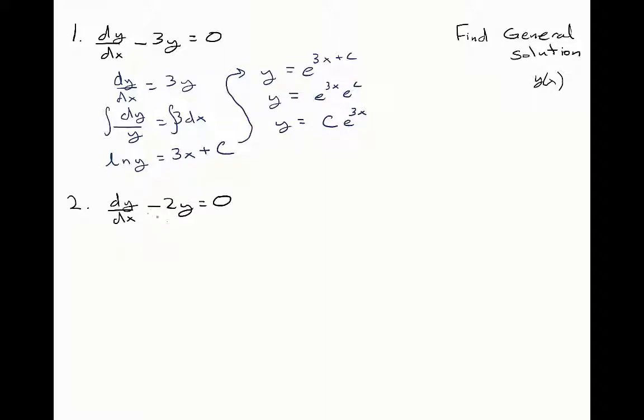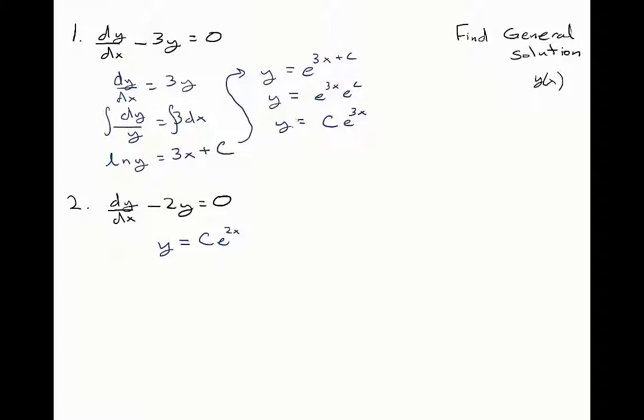Alright, hopefully you see that number 2 is of the exact same form as number 1, except it has a minus 2 instead of a minus 3. So I know the solution to this one, because I know it will work out the exact same way. Okay, so we know then that each of these solutions we just found are solutions to the equation we have originally.